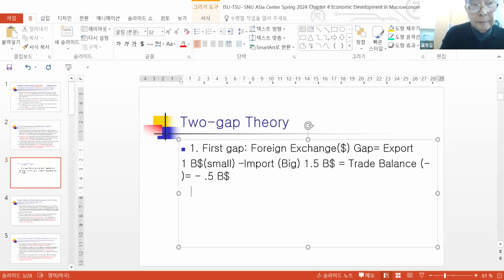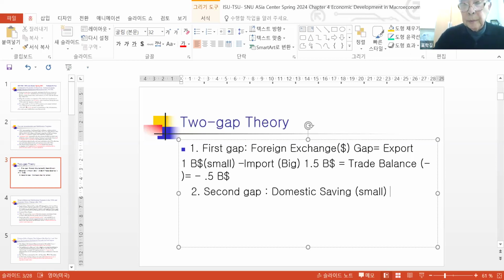Second gap. We can create a second gap, that is, always domestic saving is small, but investment demand is always big.